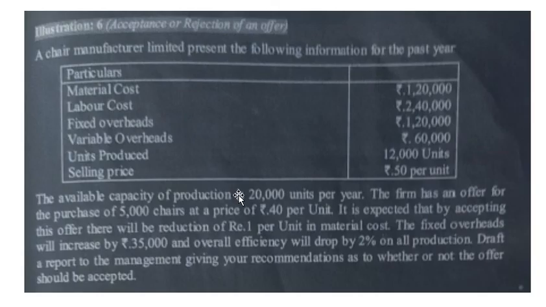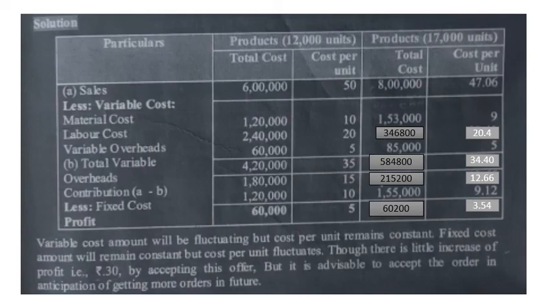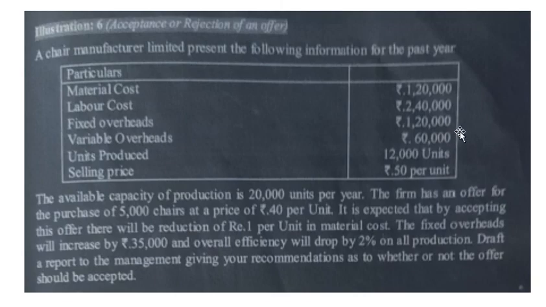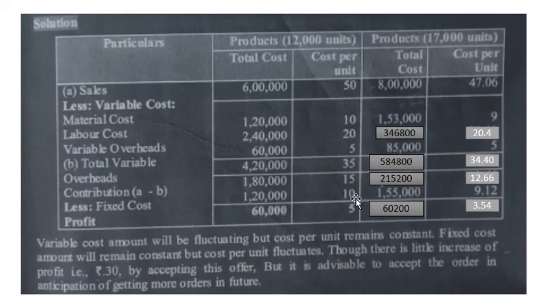Now, as we have got the contribution, next we'll subtract our fixed cost. Under fixed cost, what is given here is 1,20,000, which is for 12,000 units. And they've stated in the question that the fixed overhead will increase by 35,000. So the fixed overhead of 1,20,000 plus 35,000 will give you 1,55,000.